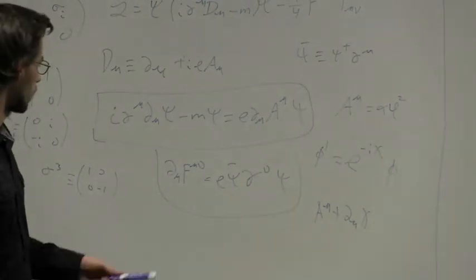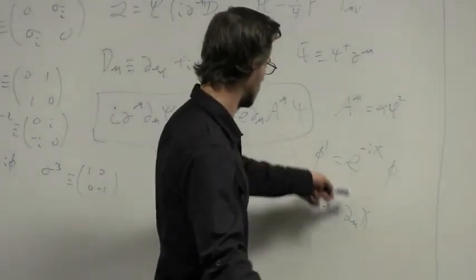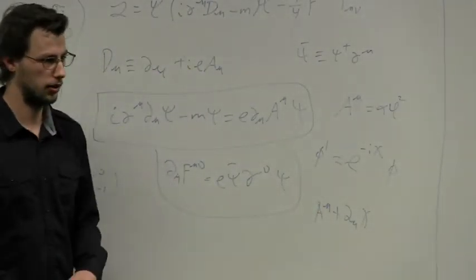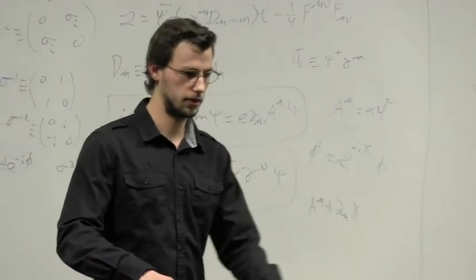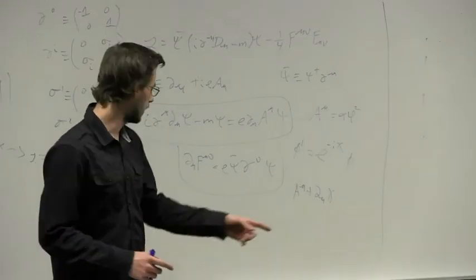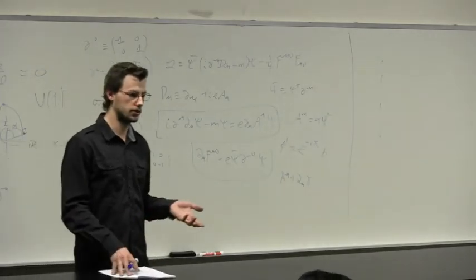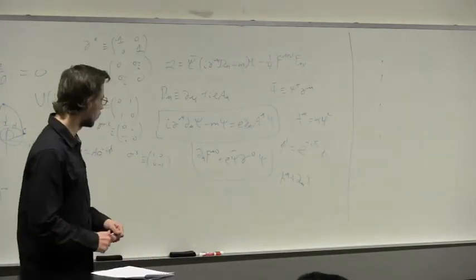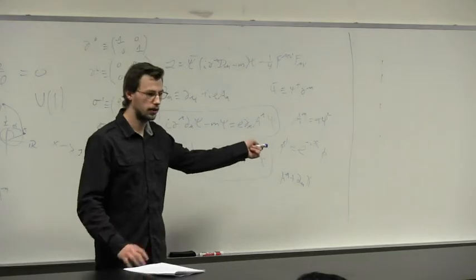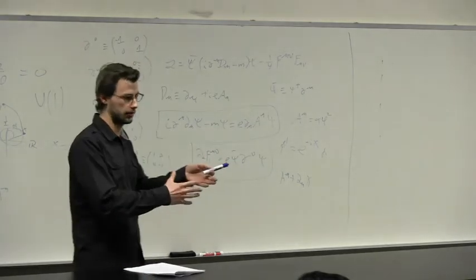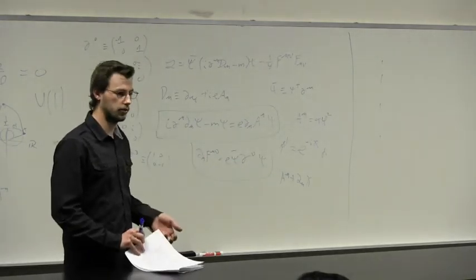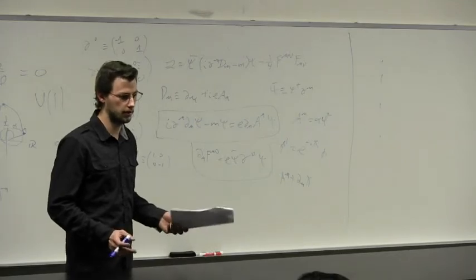So both these show that there is no special frame. Either in electrodynamics, there's no special potential. You can add this simple first derivative, that's like a constant first derivative, or you can rotate in the complex plane the field itself. Look at it another way and you see the same thing.